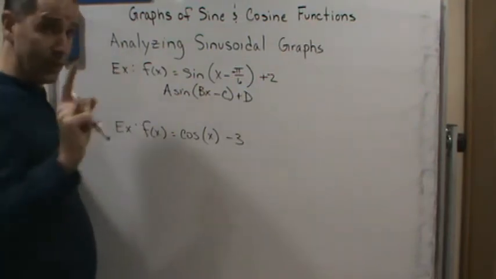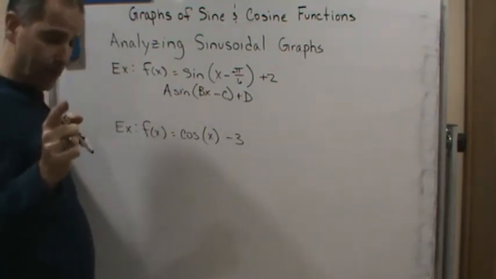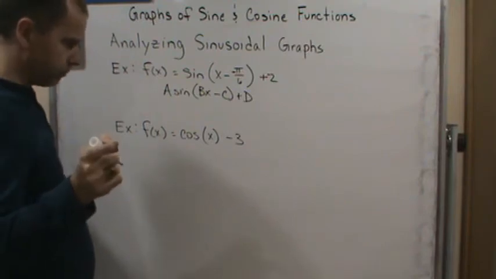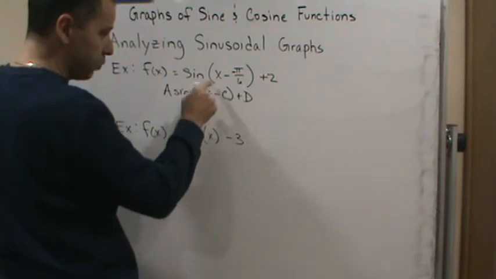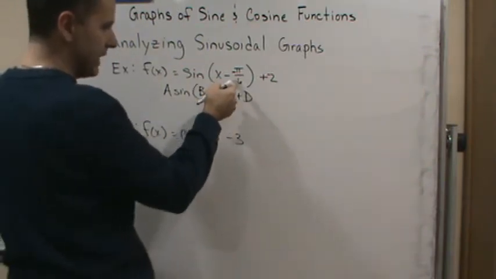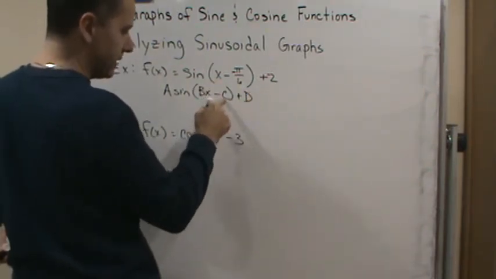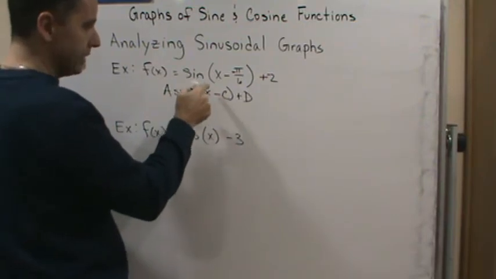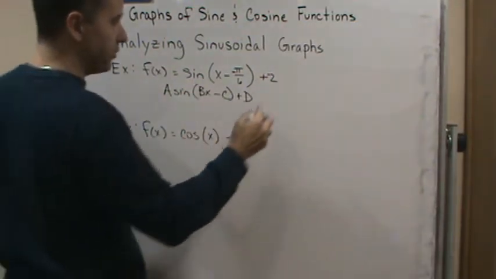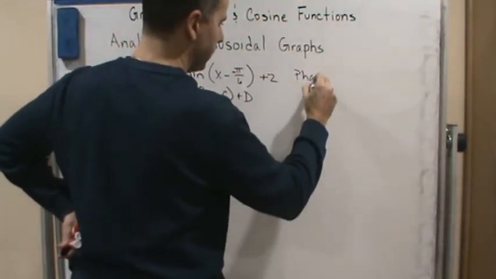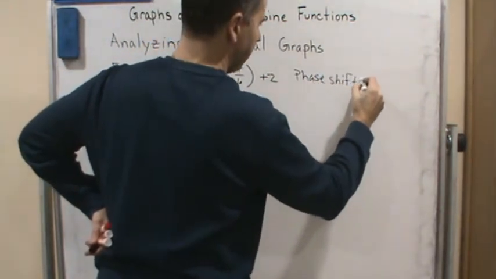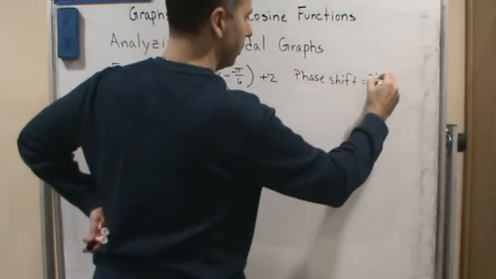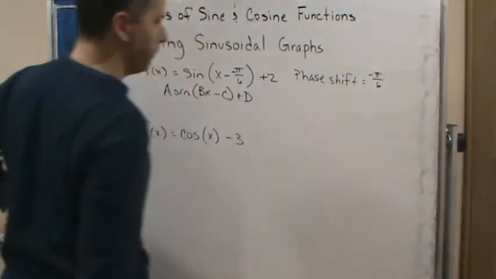But now here's the thing, what's the phase shift? Well, since b is equal to 1, this makes it easy. It's just c, right? Because the phase shift is c divided by b. And since b is 1, the magnitude of the phase shift is just equal to negative pi over 6.